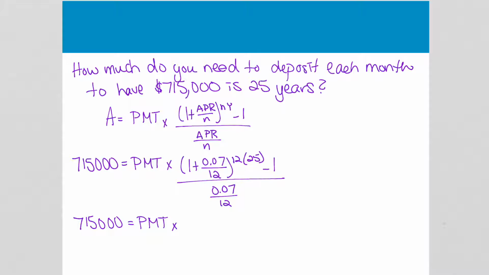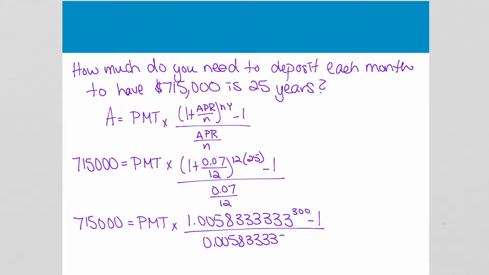If we add 1, we have 1.0058, and I've got 6 threes. 12 times 25 is 300. And then we've got 0.0058 and 6 threes on the bottom.